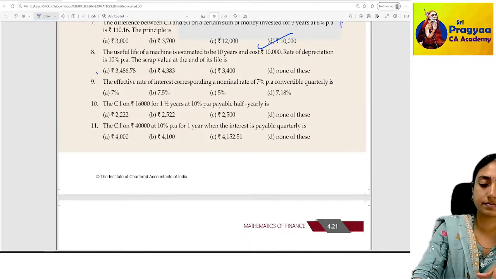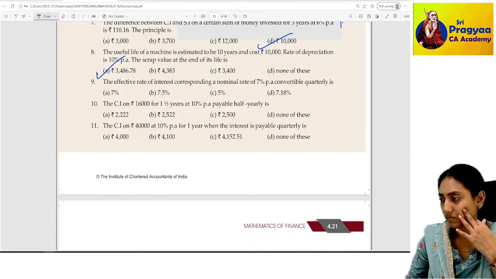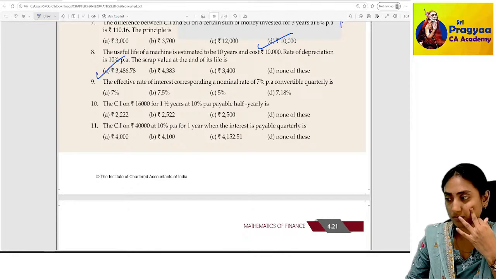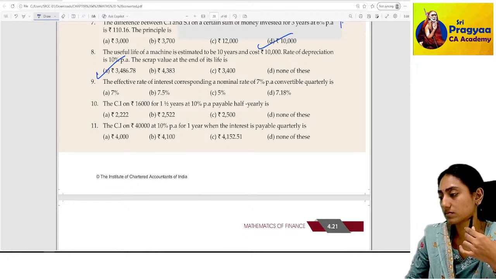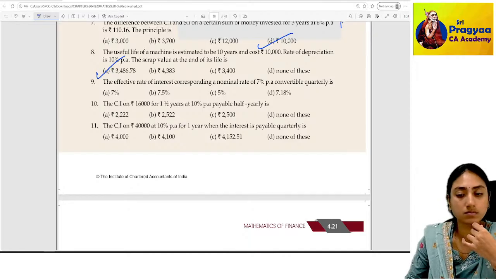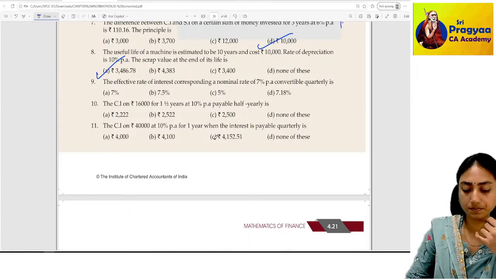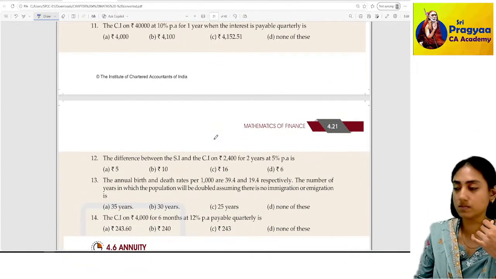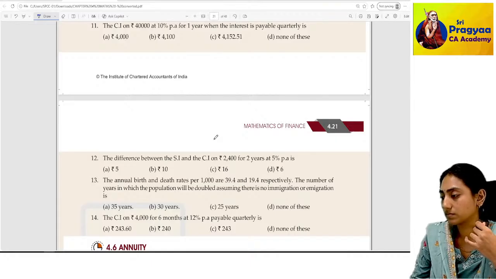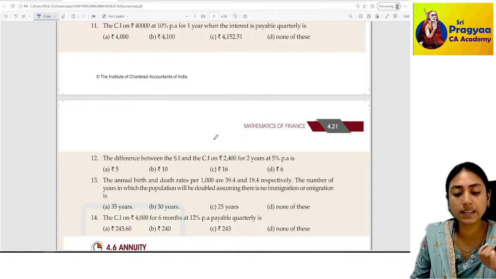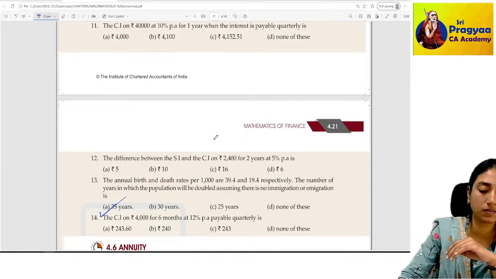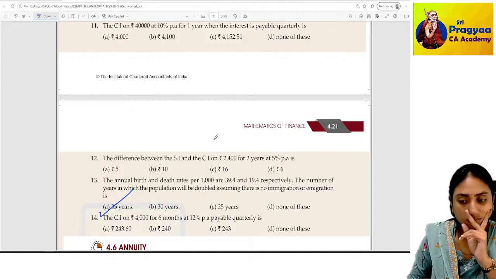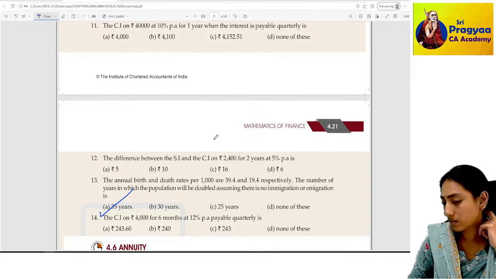36 years old. 13. 35. Is there anything in the point? Annual birth and death rates per 1,000 are given.